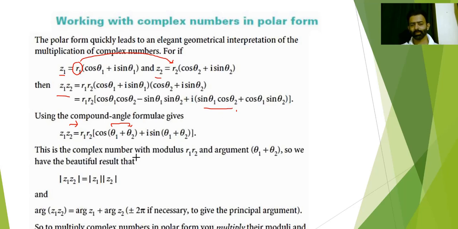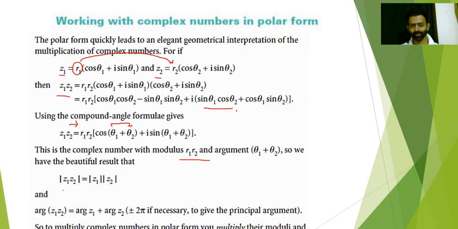So this is the complex number with modulus r1 r2, and the argument will be theta 1 plus theta 2. We have a very beautiful result here: when we multiply two complex numbers, their magnitudes are multiplied separately and the arguments are added.